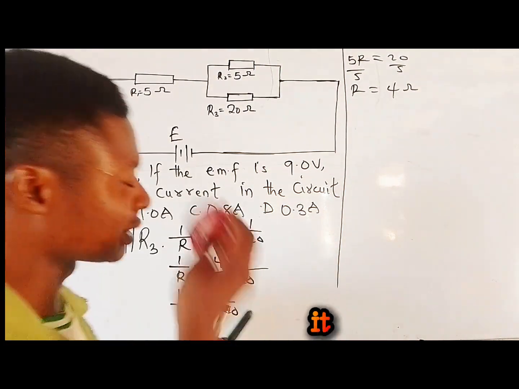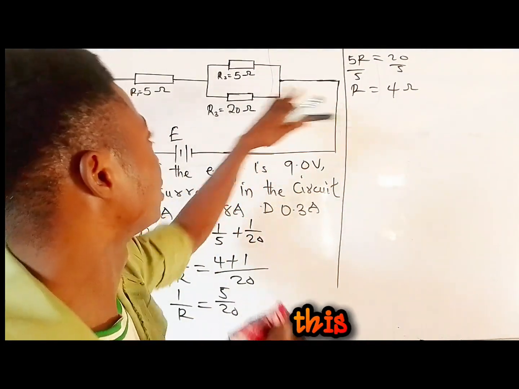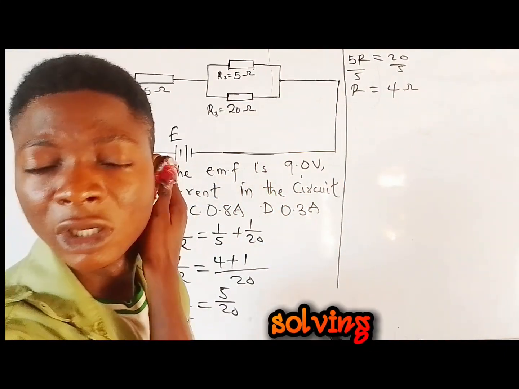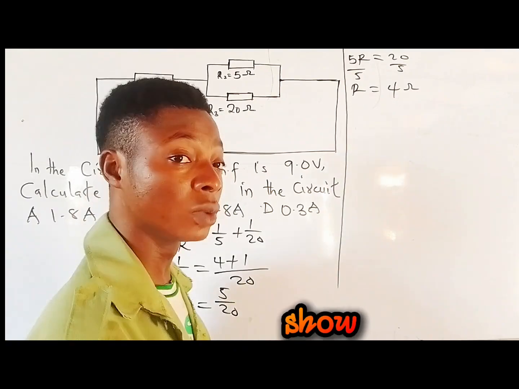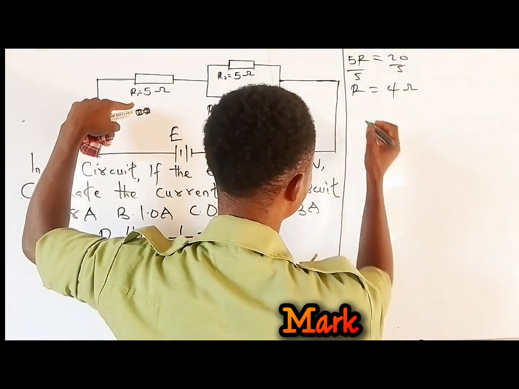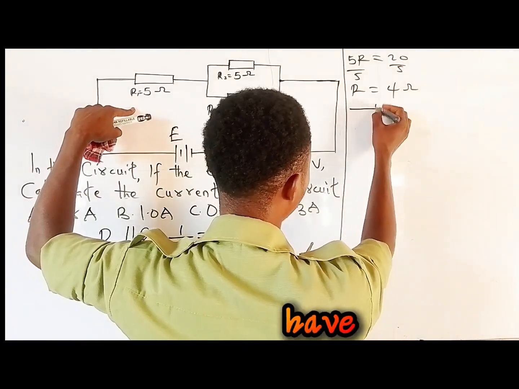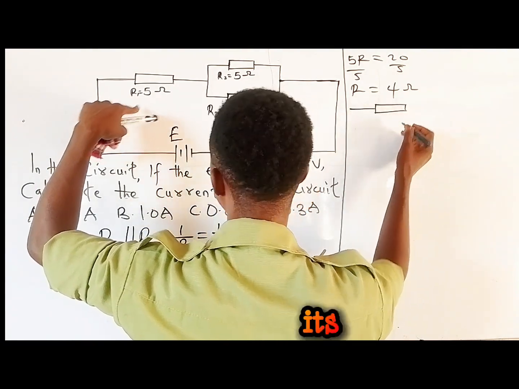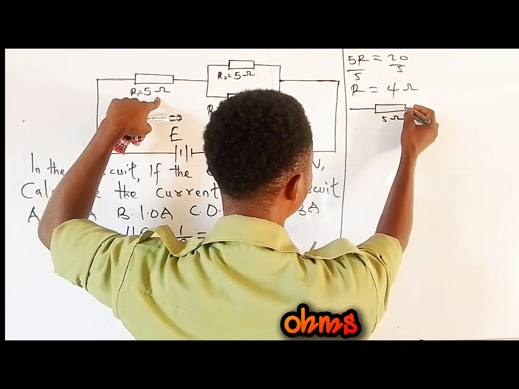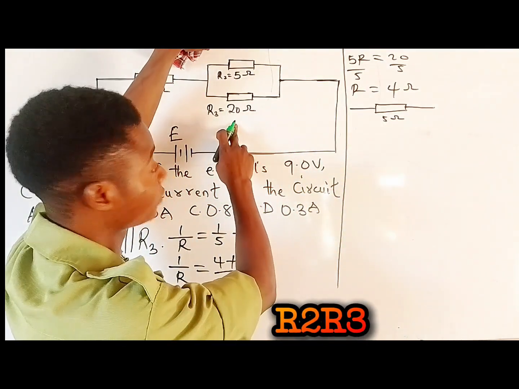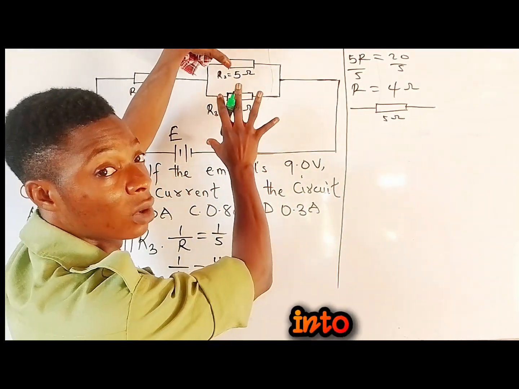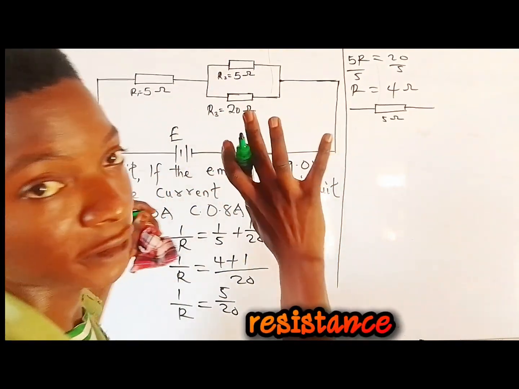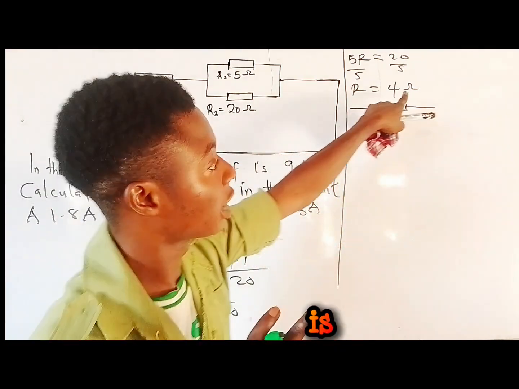Now, if it is an objective question, you can just add this to 5 and continue with your solving. If it's a theory, you show good work to obtain your complete mark. So if we redraw this circuit, we have our first resistor here with its resistance of 5 ohms. Now, R2 and R3 have been combined into one, so we now have one resistance for the two resistors, which is our 4 ohm.